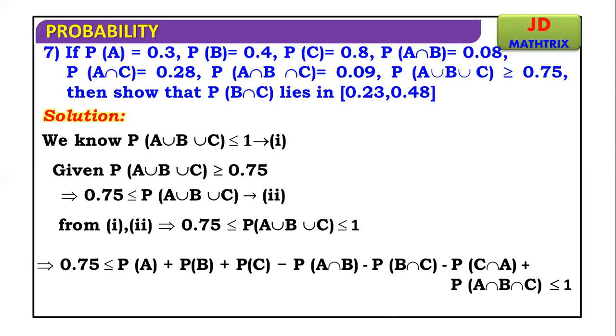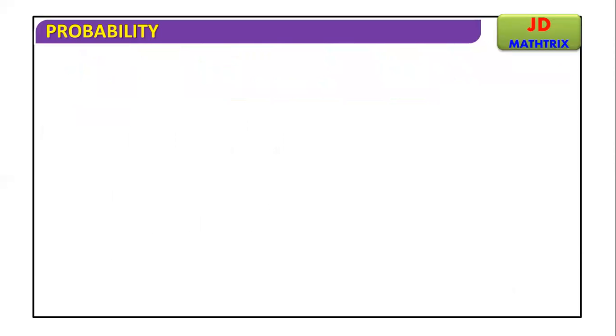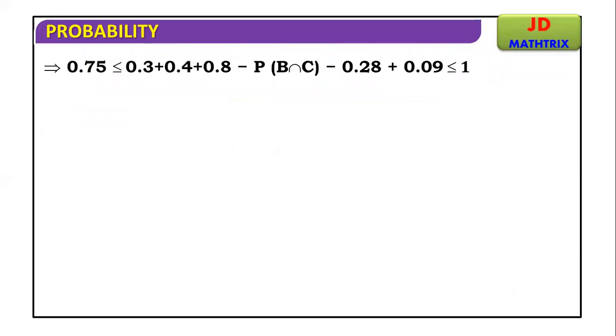That is 0.75 less than or equal to P of A, that is 0.3 plus 0.4 plus 0.8 minus 0.08 minus P of B intersection C minus 0.28 plus 0.09 less than or equal to 1. So substitute all the values.